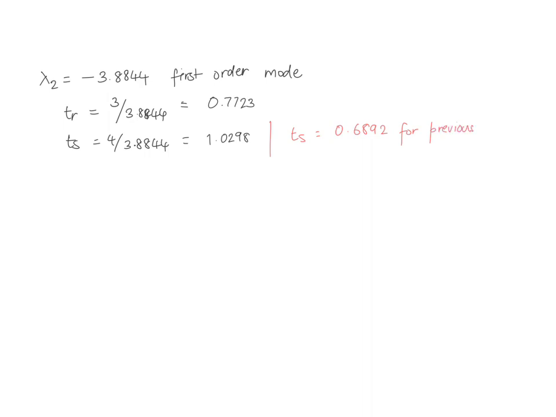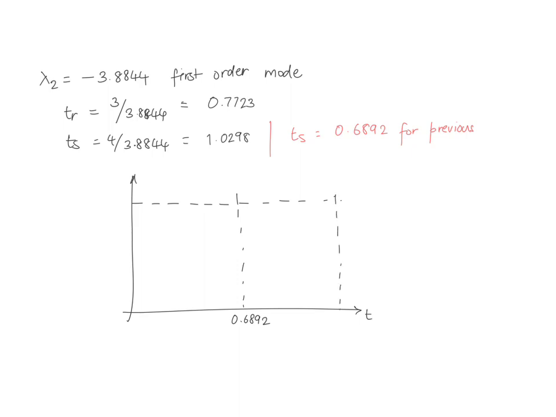So now if I try and plot the two modes together, just to give you an idea of what we're looking at, only the step response here. Let's say this is 0.6892 on the time axis, and we have almost the double of that, 1.0298, nearly the double, but not quite.